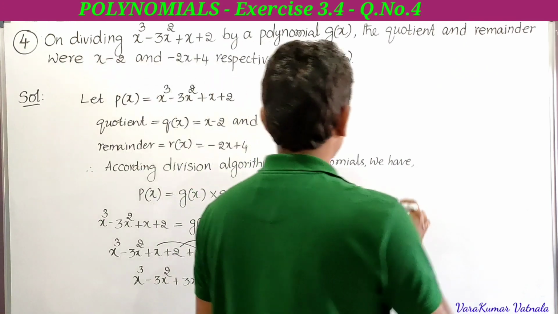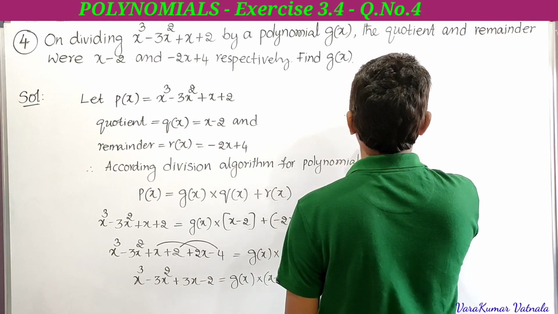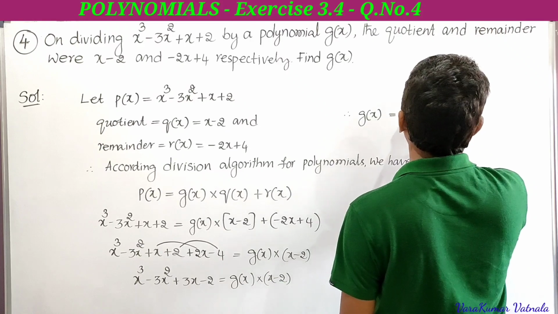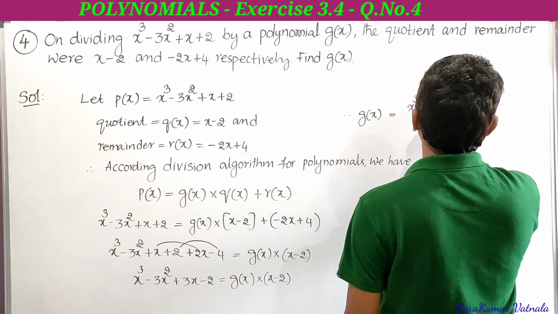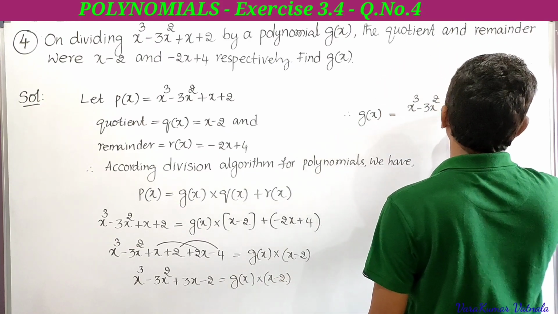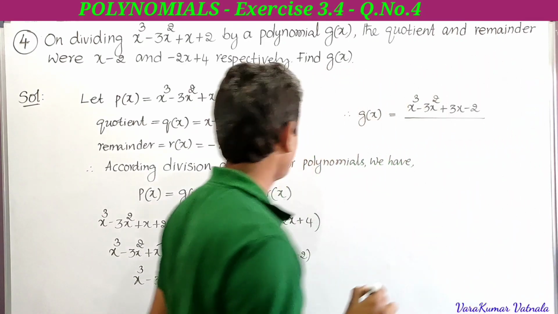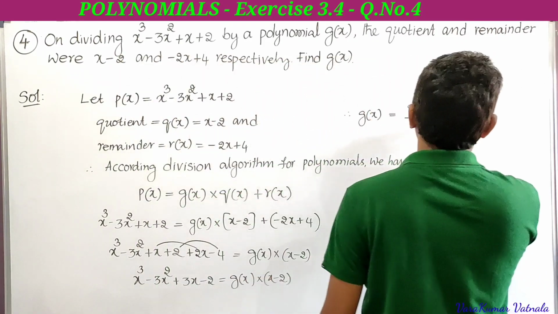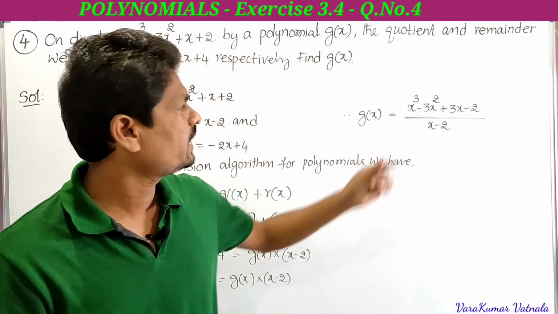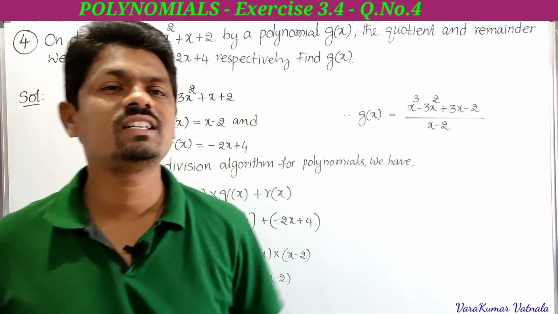Therefore g of x is equal to x cube minus 3x square plus 3x minus 2, divided by x minus 2. So by dividing x cube minus 3x square plus 3x minus 2 by x minus 2, we can get g of x.